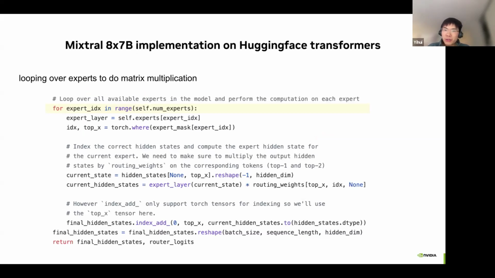Let's also look at the implementation of Mixtral 8x7B in Hugging Face Transformers. You also notice in the expert operation there, you would iterate over all of the experts and compute each of the GEM operations one by one. We found that this is very inefficient.